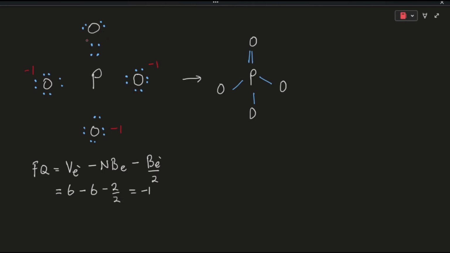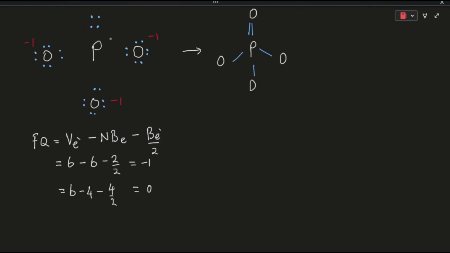Now, what about this oxygen atom? For this oxygen atom, the valence shell electrons remains 6. The non-bonding electrons are this and that, so they are 4. Then the bonding electrons is also 4. So we have 4 over 2 and we have 0. So the formal charge on this oxygen atom is 0.